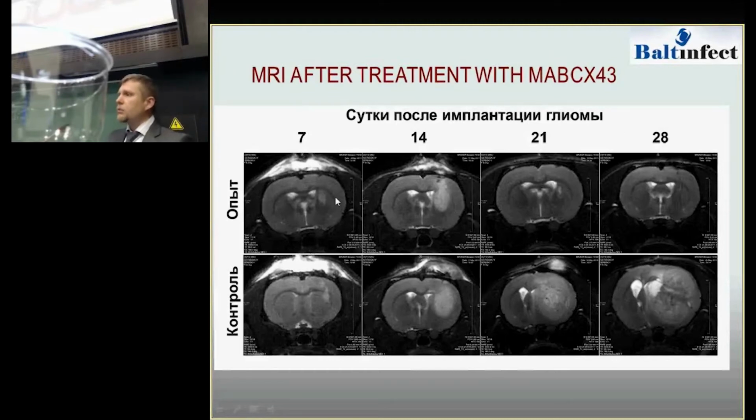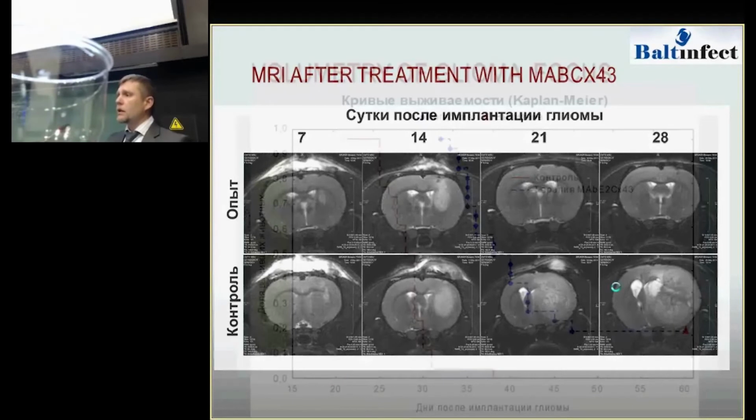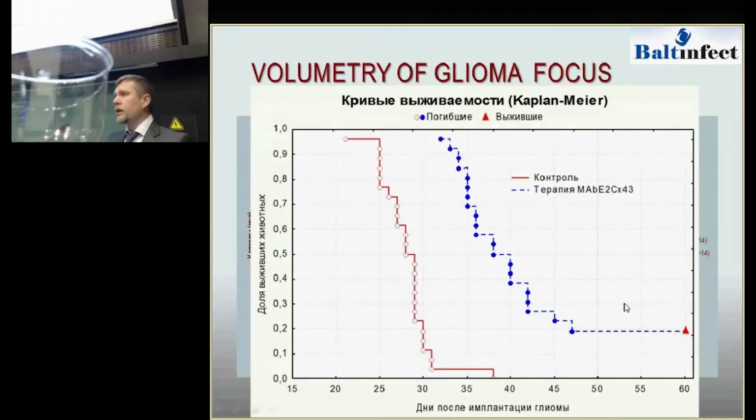And 20% of the group of rats which were treated by antibodies to connexin 43 survived. So here is a Kaplan-Meier survival curve. You can see a twofold increase in the median, and you can see 20% survived after such therapy.